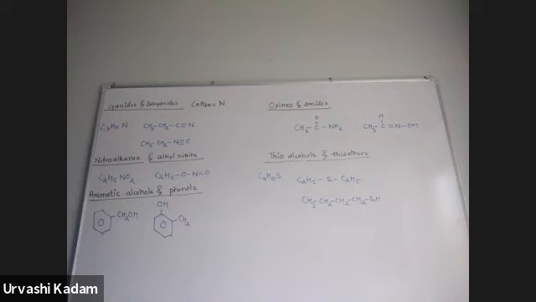I'm discussing the next category, ring chain isomerism. What is ring chain? You will see one isomer is cyclic, and another will be acyclic.